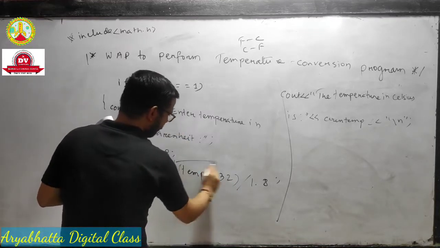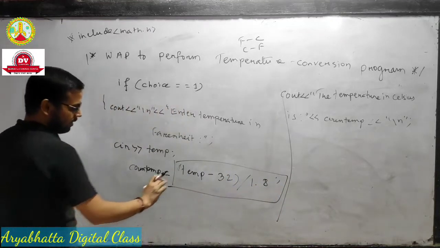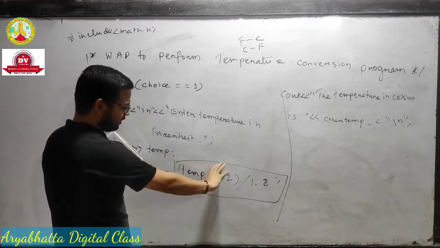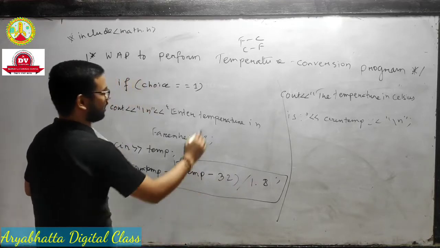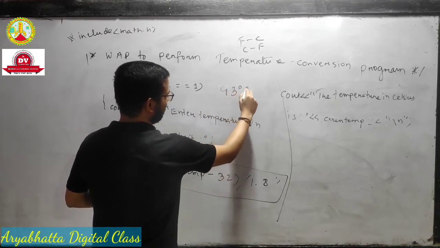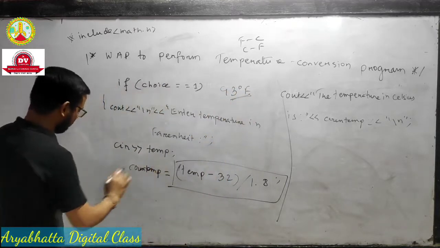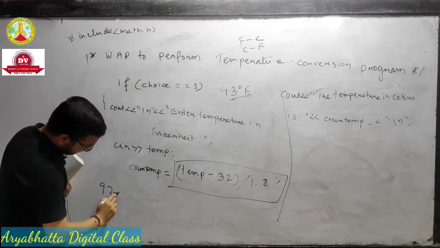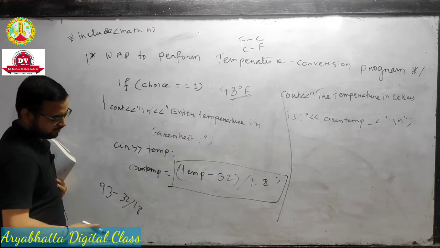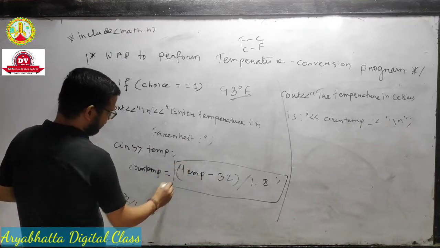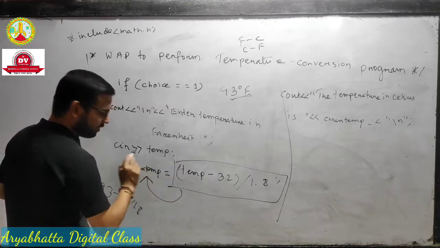This is the formula, and here the main operation is done by the compiler: temp minus 32 divided by 1.8. Suppose you take 93 degrees Fahrenheit, then the compiler computes 93 minus 32 divided by 1.8. This comes out as a float number, and it is stored in count temp.